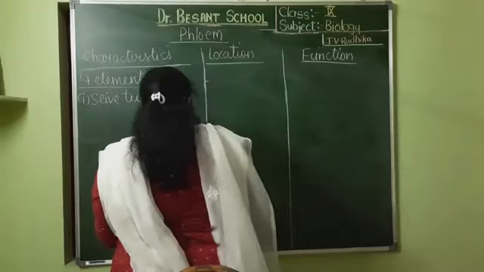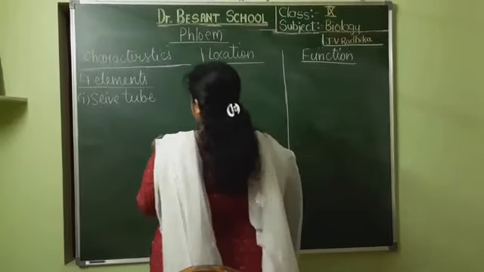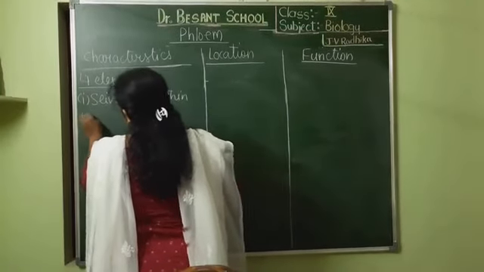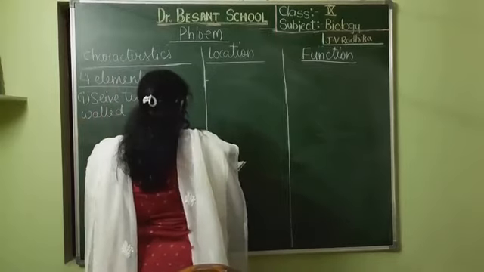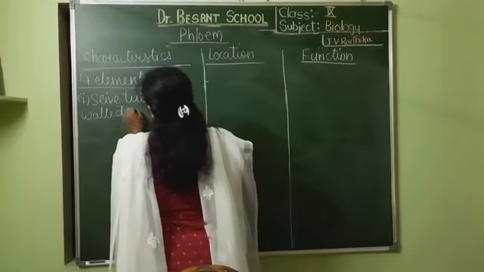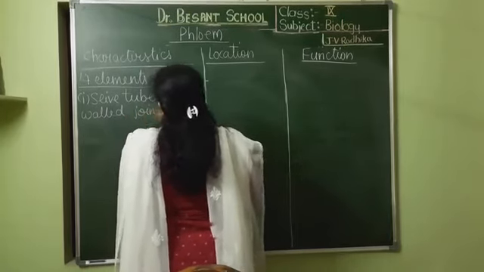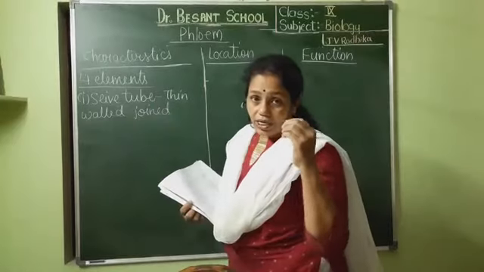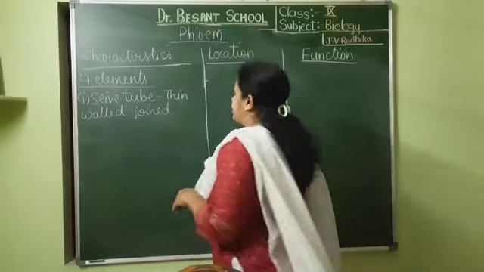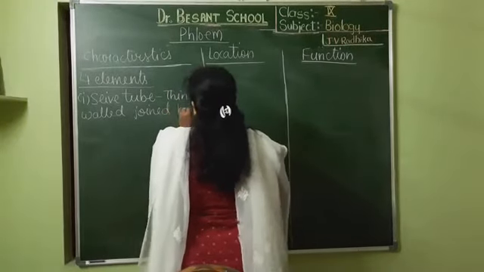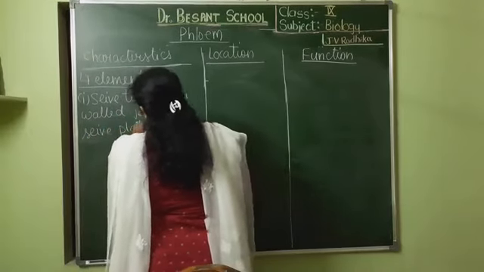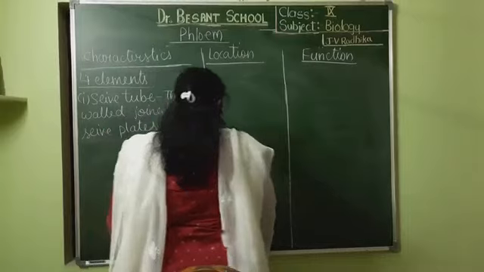Okay. So it has thin-walled sieve tube cells. How are these sieve tubes? They are thin-walled, and they are joined. Just like we have seen the vessels, these also will appear like that, but they will have very fine perforations, and they will join at the edges by sieve plates.